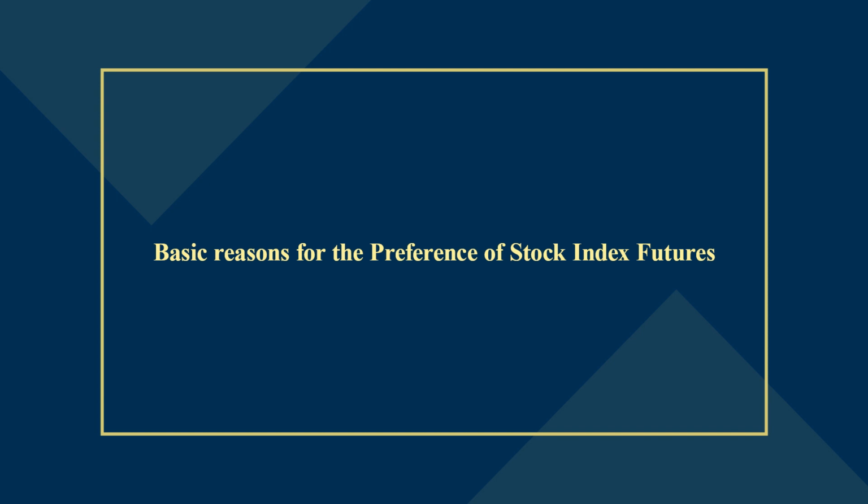Basic reasons for the preference of stock index futures are: firstly, institutional investors and other large equity holders prefer this instrument the most in terms of portfolio hedging purpose. Secondly, stock index futures are the most cost efficient hedging device, whereas hedging through individual stock futures is costlier as observed in other countries.